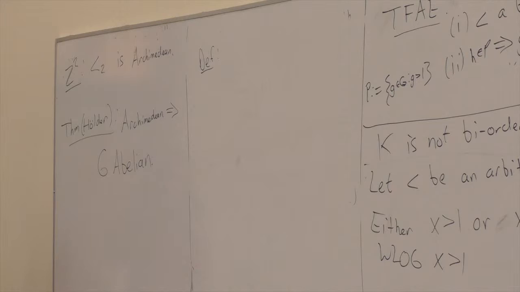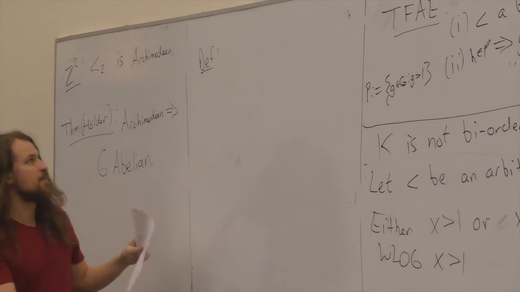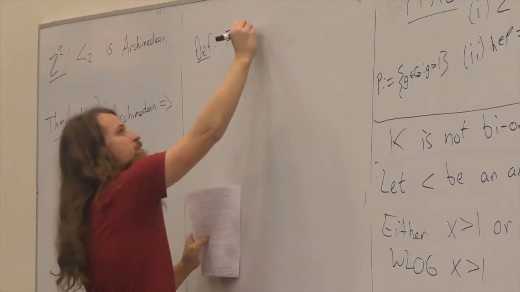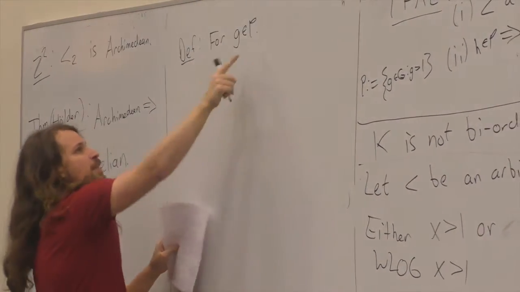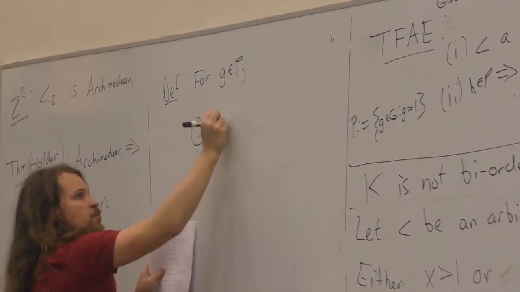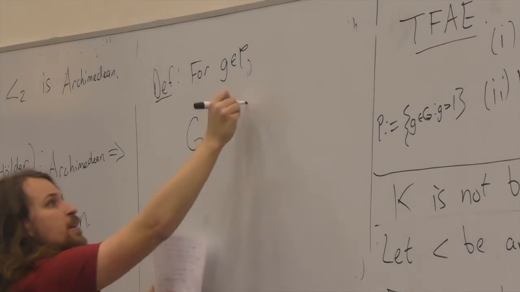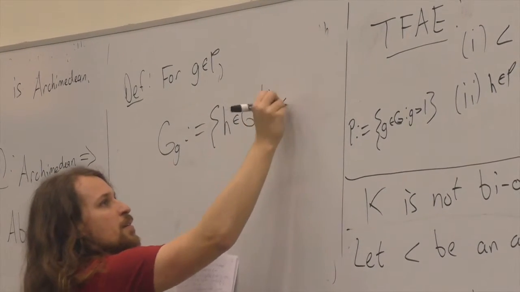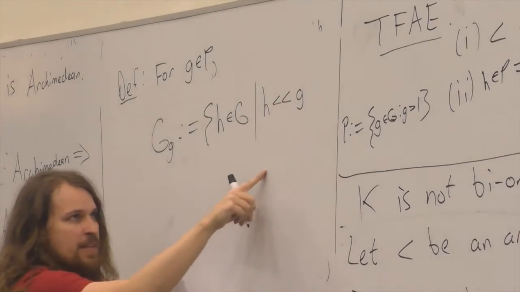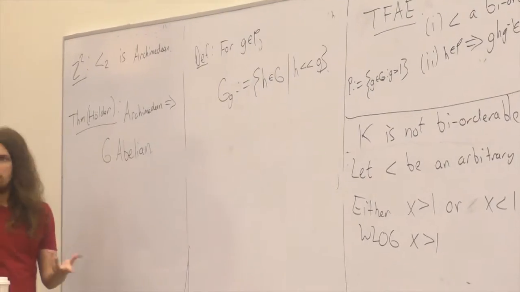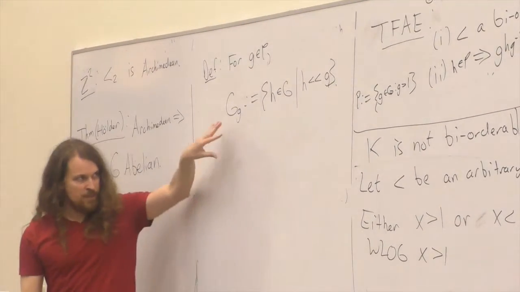And now a definition to actually get to the heading of this section. Here is our work to build the subgroup of infinitesimals. For g in the positive cone, we're going to let G subscript g be everything in the group that is infinitesimal with respect to that g. In general, this won't be a subgroup.